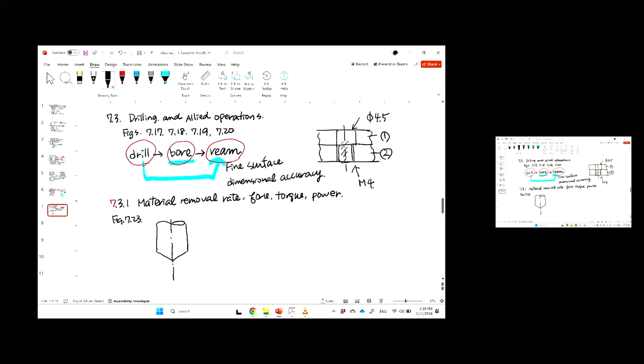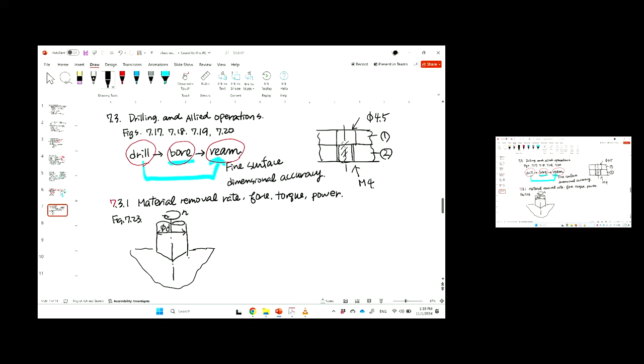That's good. So this is the drill, right? And then we put D, diameter. We rotate, we use N, rotation. And then you have some material you are cutting, like this is the material, okay? Something like that. So then you rotate and then you feed.